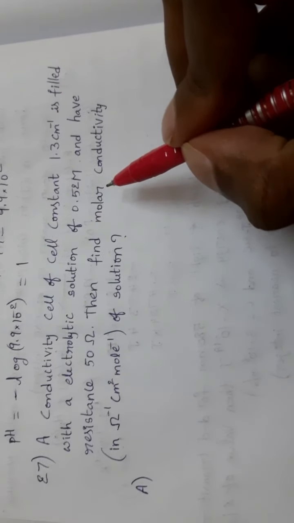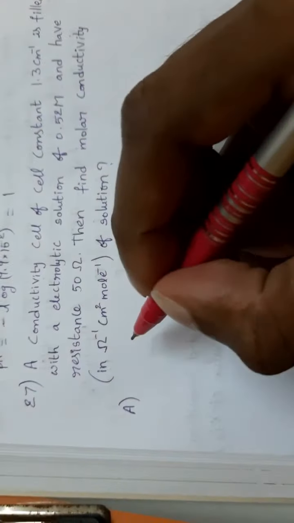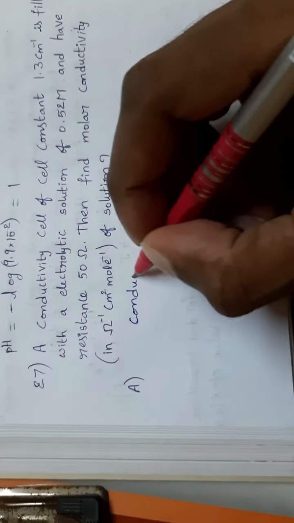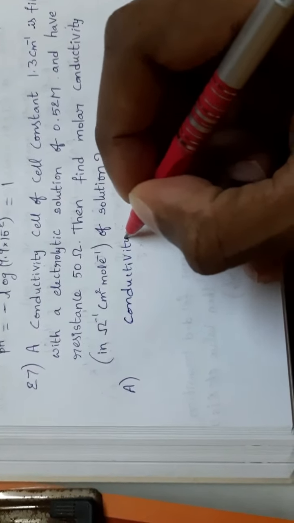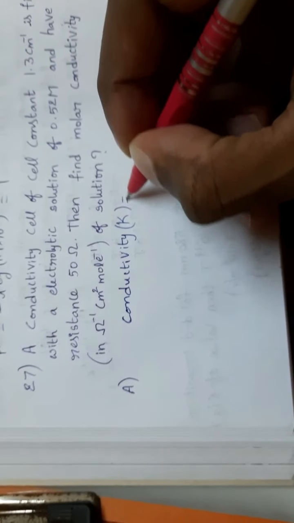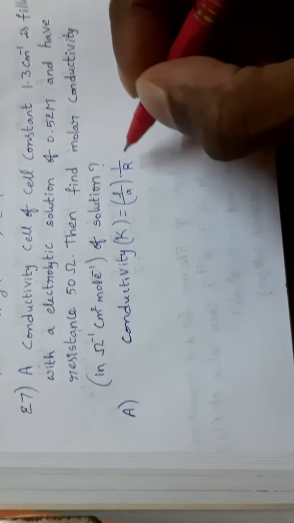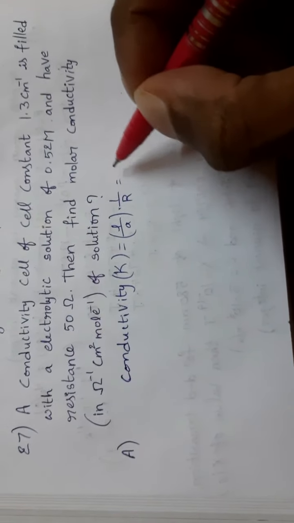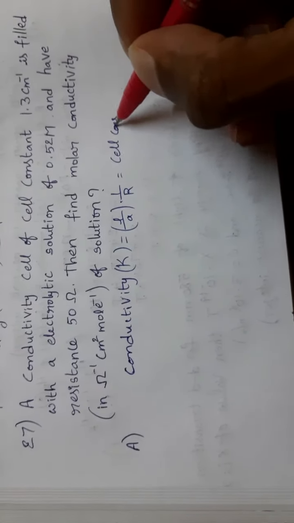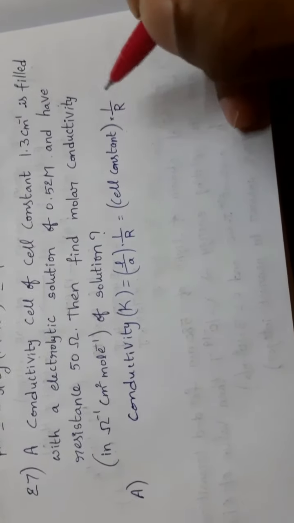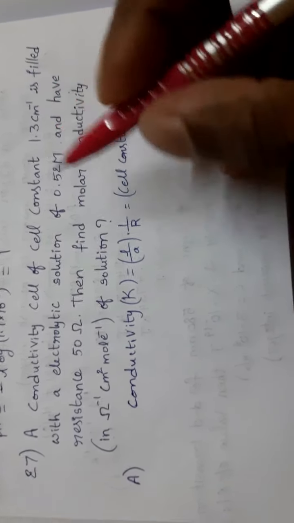It's a very simple question. To get molar conductivity, first we have to calculate conductivity. So the formula is conductivity kappa equal to L by A into 1 by R. Here L by A is nothing but cell constant, into 1 by R. Cell constant value is given, 1.3.